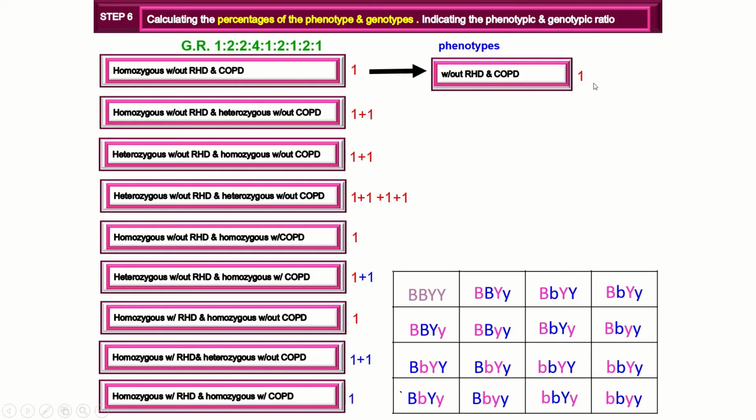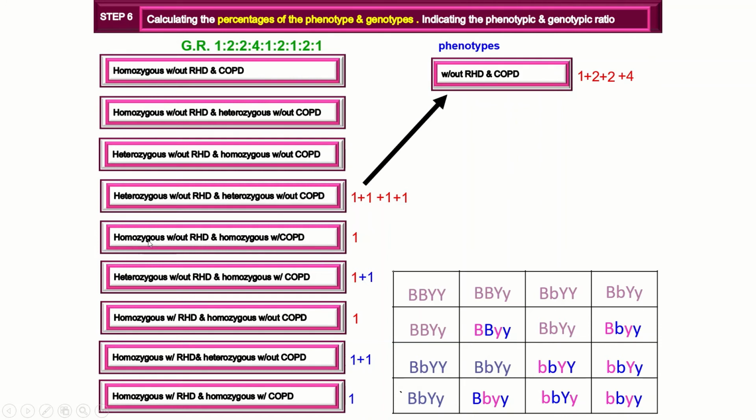So there are two. I'll add plus 2. Now here, without RHD still and without COPD still. Okay, so I'll add plus 2. And still without RHD and COPD. And this is 4. So I'll place here 4.